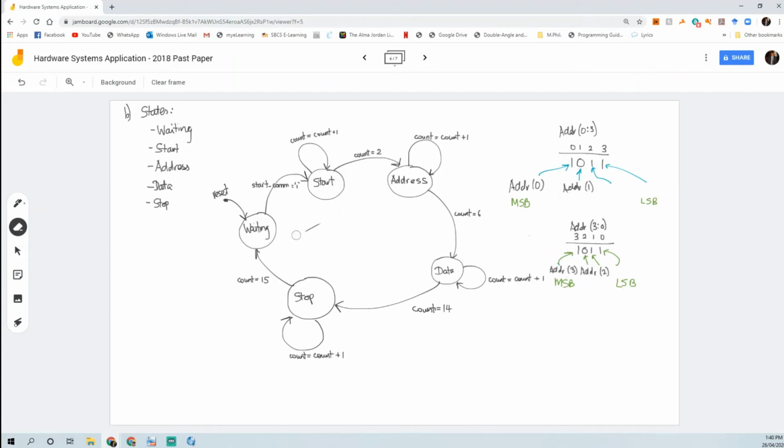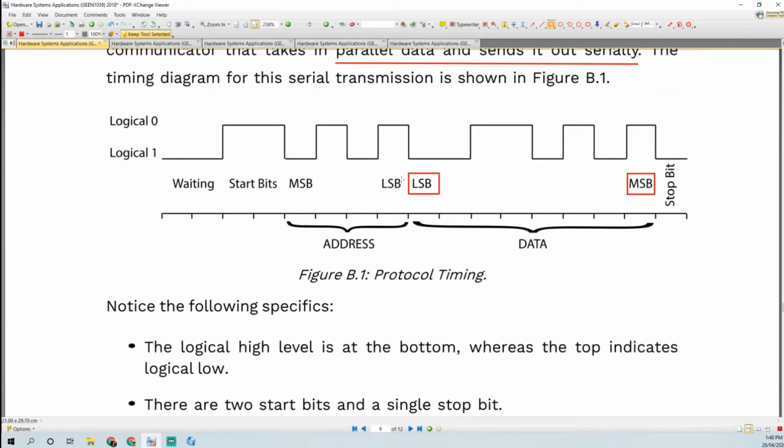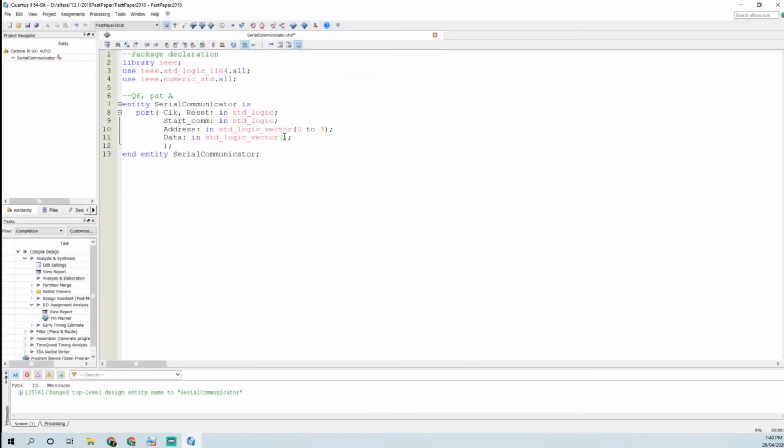So as the counter increments, I would like to start with the least significant bit and send out more significant bits as I go along. Therefore, this would need to be a value of size 7 down to 0. And then finally, the last thing that I'm sending out here is my data out, which is an output that is 1 bit in length.